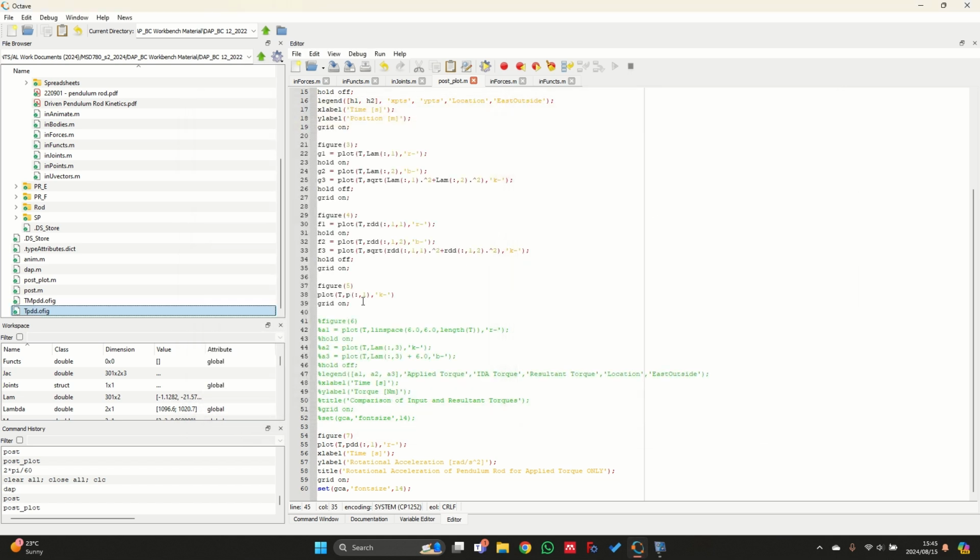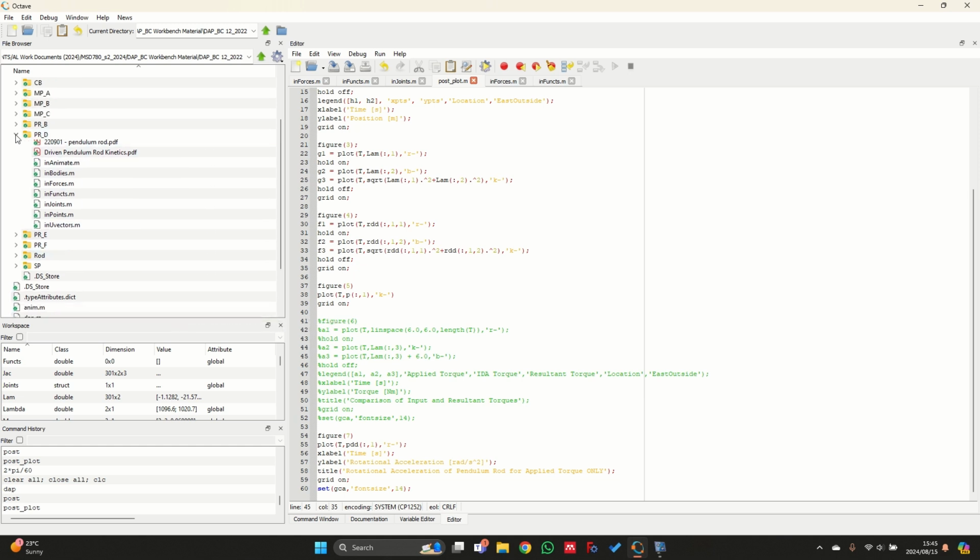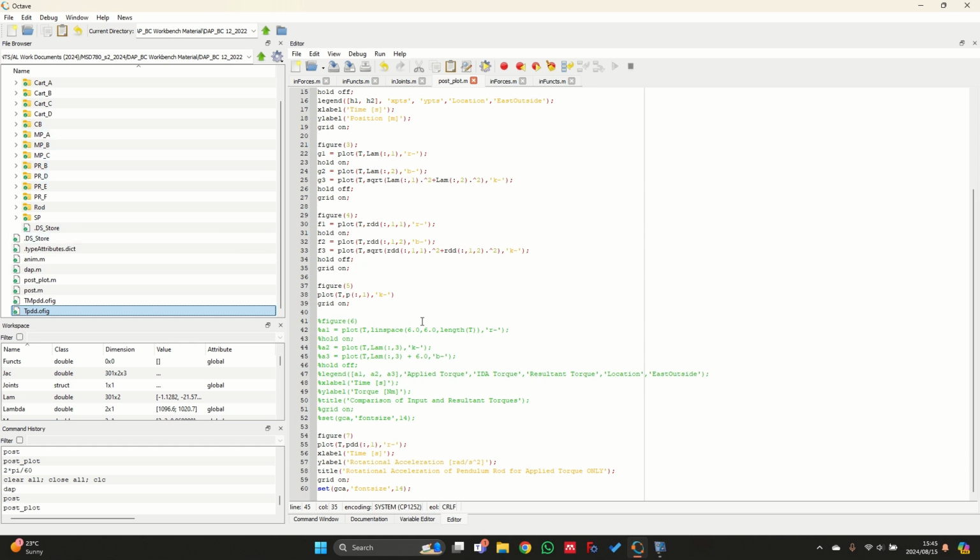Okay, so that wraps up what we wanted to look at for these graphs, or the different types of dynamic analysis that we can perform in the DAP-BC workbench. The last thing that I perhaps just want to show is PR_D. So in the case where we simply had a forward dynamic analysis problem, an applied torque of 6 Newton meters.